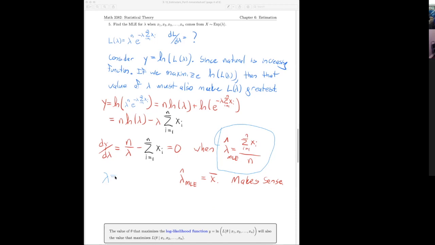One of them was 0, which, if you were to plug it into the likelihood function way up top, would give us 0. The only other critical point was this one over here, which gives us the maximum value. So this would be the maximum likelihood estimate for lambda.